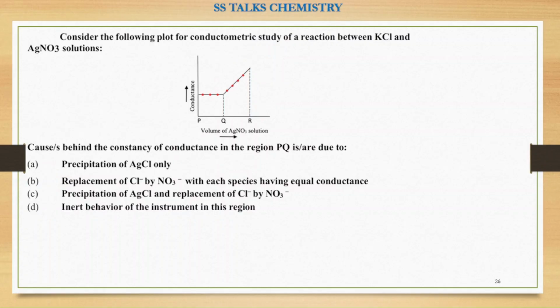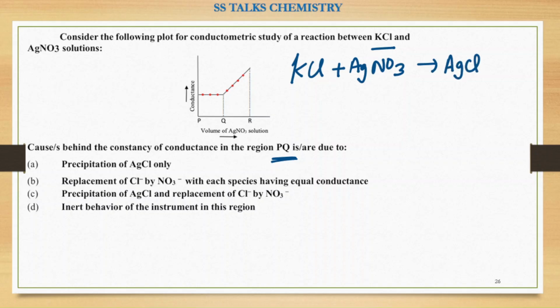We have this question. It says consider the following conductometric study of the reaction between KCl and AgNO3. So what is happening in the PQ region? We are having KCl, and along with that you are having AgNO3. Both of them will be combining and forming AgCl, and along with that KNO3 is being formed.